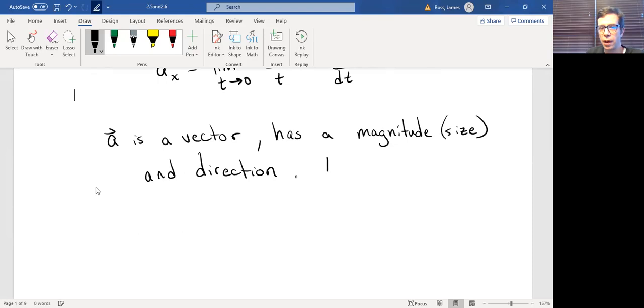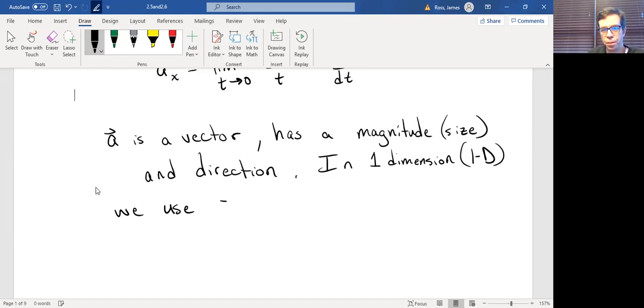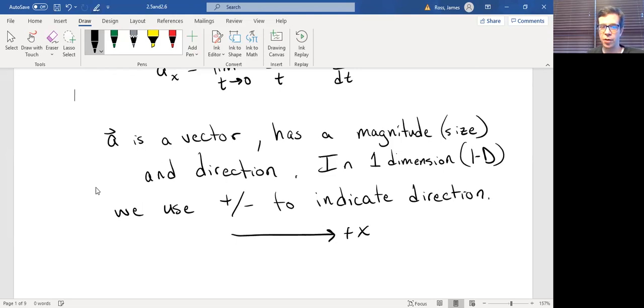And if we're talking about in one dimension, forever now written as 1D, we use plus or minus to indicate direction. For example, if I call this my positive x direction, then this is a positive ax and this is a minus ax.